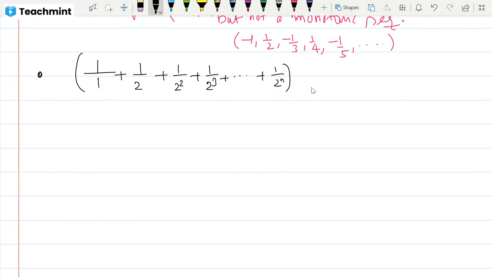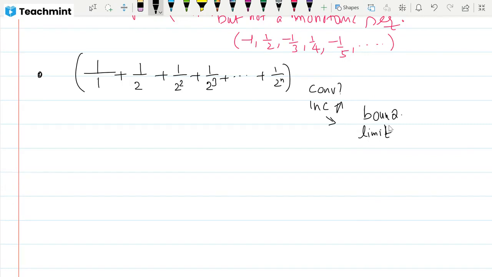My question is: does this converge? Is this increasing? Or is this sequence decreasing? Is this sequence bounded? If it is bounded, then what is the limit of this sequence? This much we can talk about this following sequence.